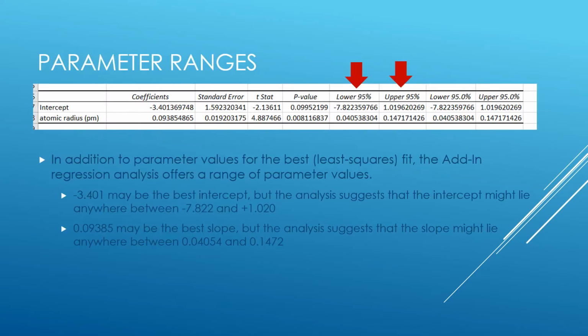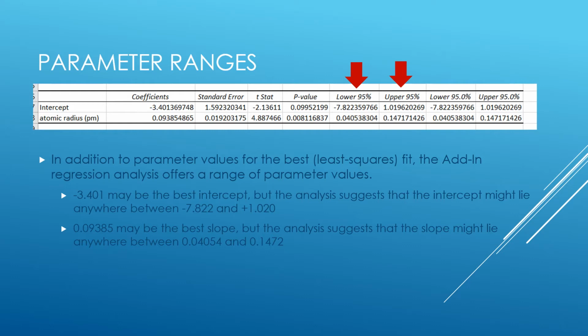The purpose of the add-in is to go beyond what was provided by the XY scatter graph and its trend line. The trend line was a straight line and provided an intercept and slope. The regression analysis here goes beyond that. One way in which it goes beyond that is to provide a range of values for the slope and a range of values for the intercept.